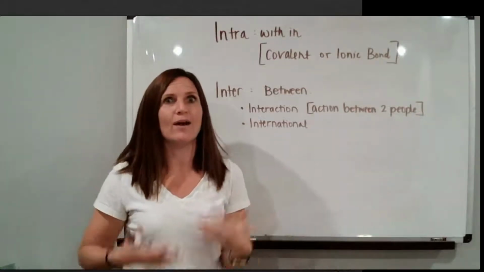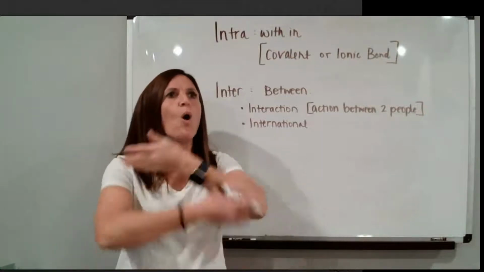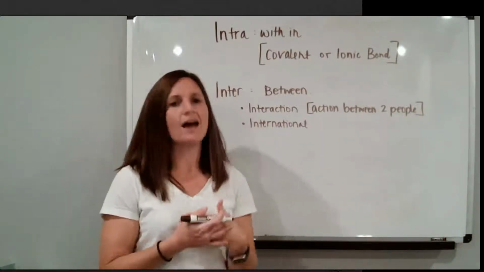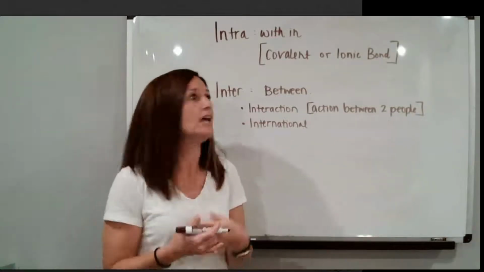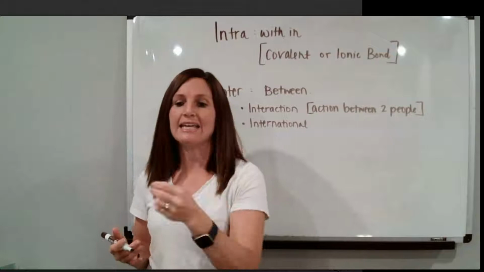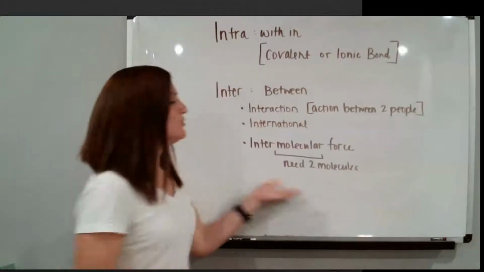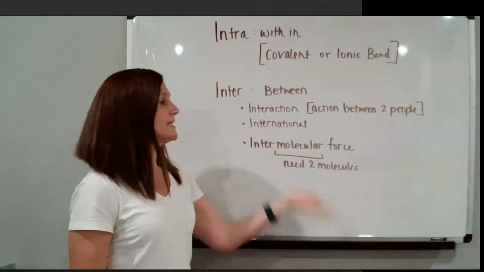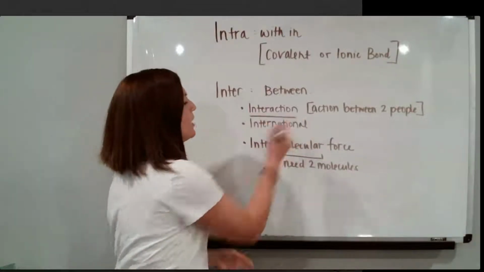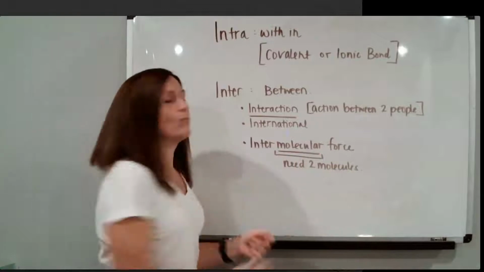You can't go on an international flight within your own country. That's not international. You need two countries to do an international flight. So when we talk about an intermolecular force, you need two molecules to make it happen. An intermolecular force is an interaction between two or more molecules.